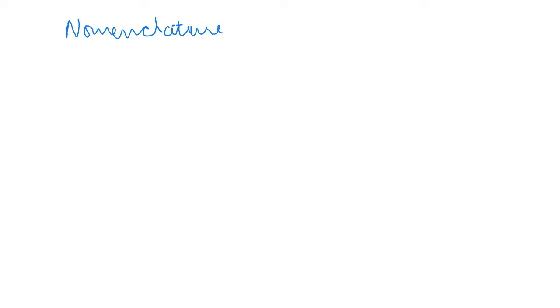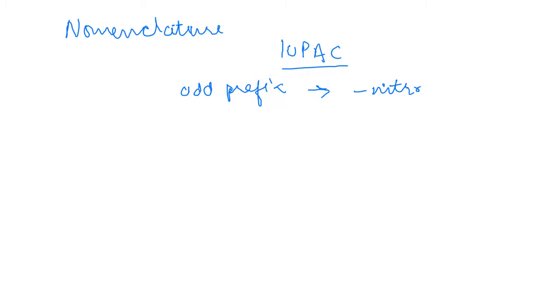Just what we do according to IUPAC, what we do in case of naming the nitro compounds, if we have alkanes, means branching chain, or if we have the even cyclic structure, not aromatic, then we can just add prefix. What is the prefix of nitro compounds? That is nitro. Prefix nitro is added, okay, to alkanes or to arenes.